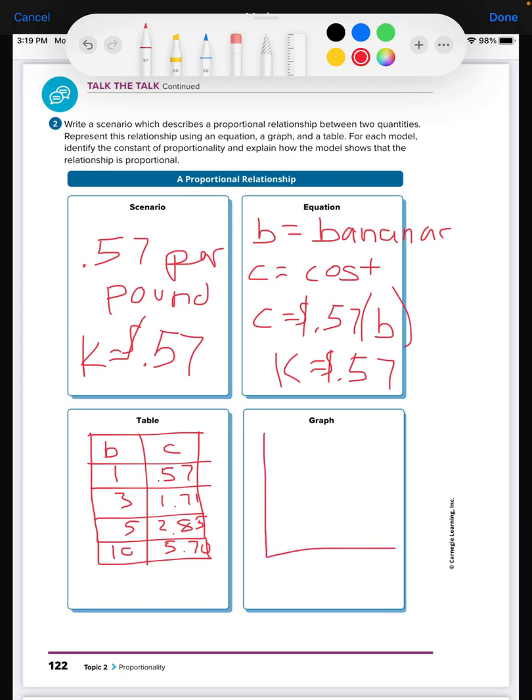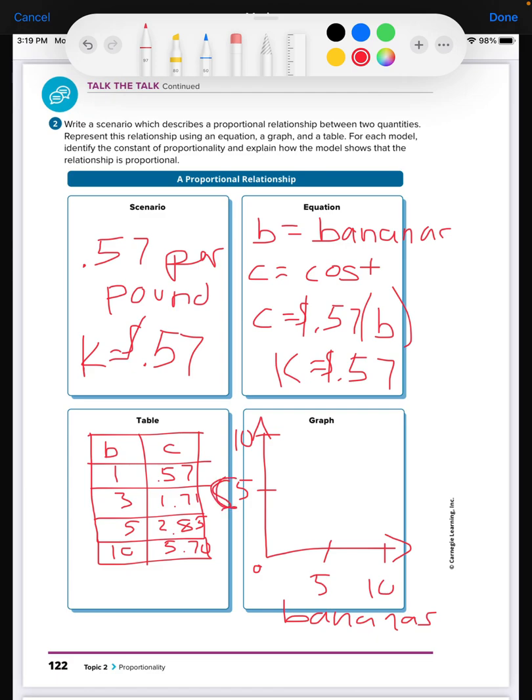So then the graph, then we're going to graph it. So we have 0, 5, and 10, 5, and 10. So whenever we graph this, we have bananas on the bottom, and then cost on this side.